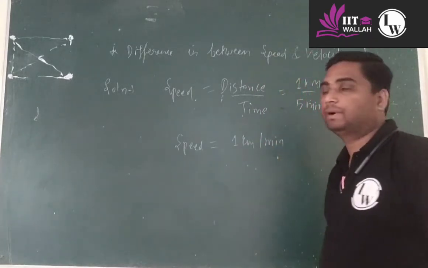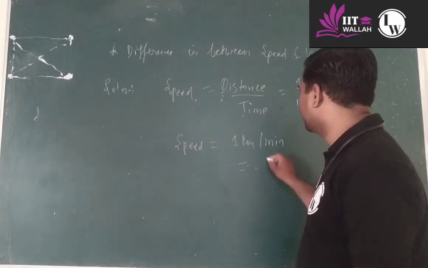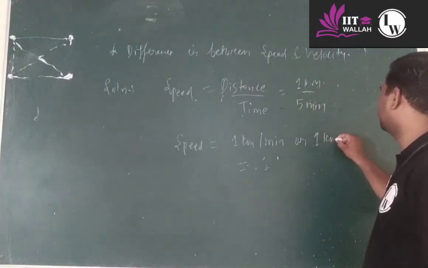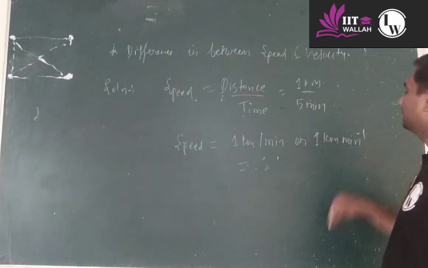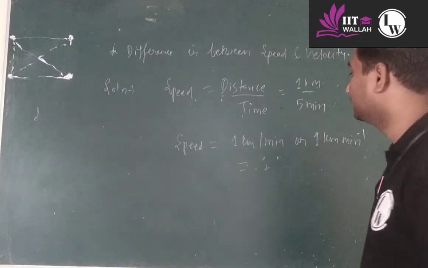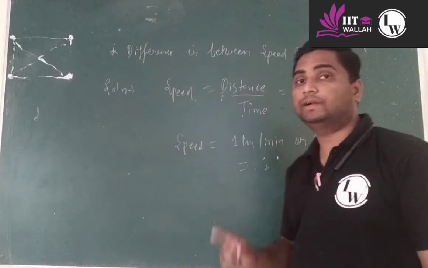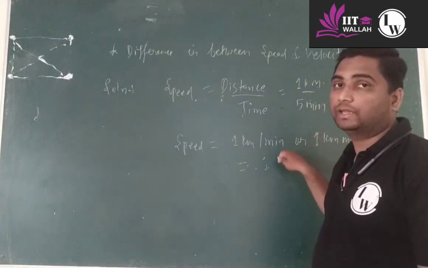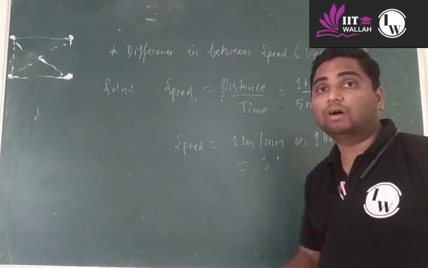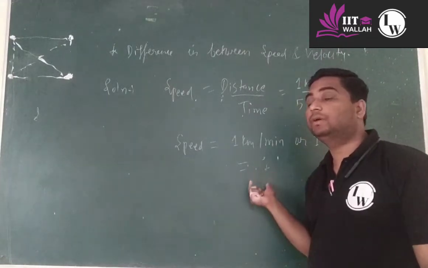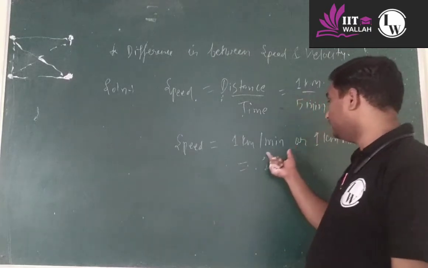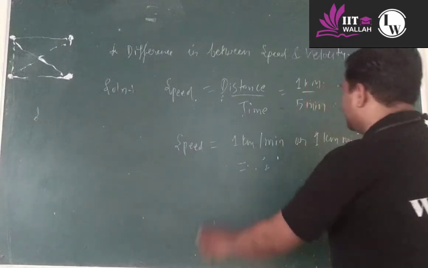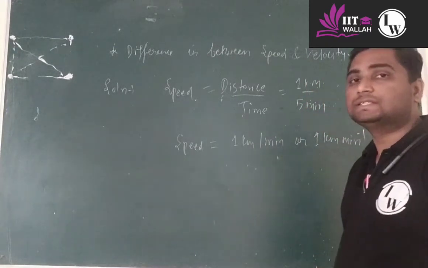But if the options do not give kilometer per minute, and give the answer in meter per second or kilometer per second, then you have to change minute into second or kilometer into meter. So change this into meter per second.